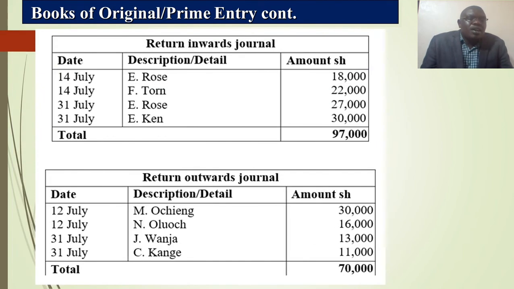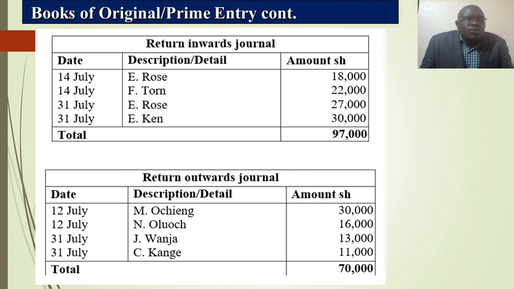Let us see whether we have prepared the return inwards journal. So return inwards journal, goods were returned by clients. So on 14th of July, 2 clients returned goods. F. Rose returned goods amounting to 18,000. F. Tom returned goods amounting to 22,000 Kenya shillings.